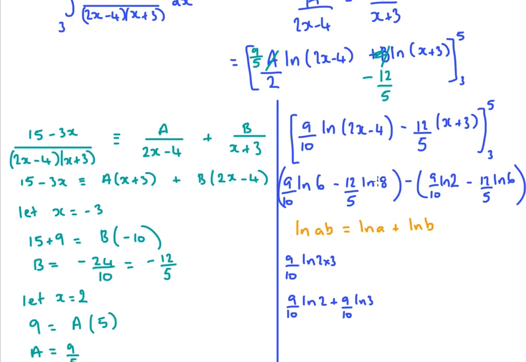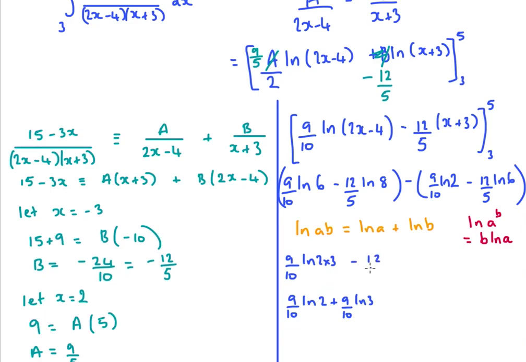What we're going to do for this one is we're going to use the other rule, or one of the other rules for logs, which is that the natural log of a to the power of b is equal to b times the natural log of a. And 8 can be written as 2 cubed.